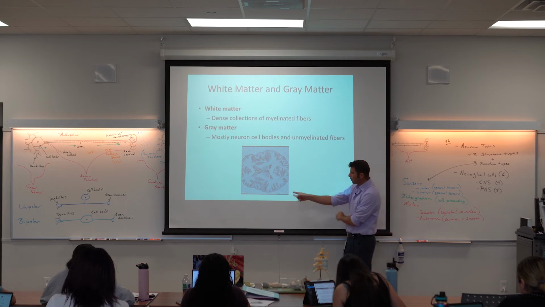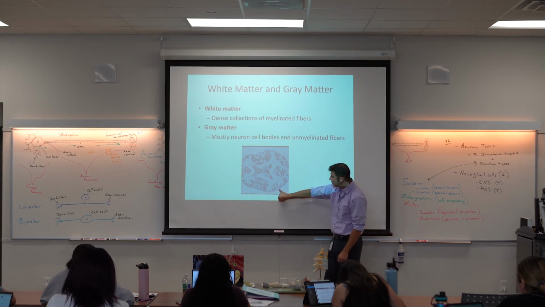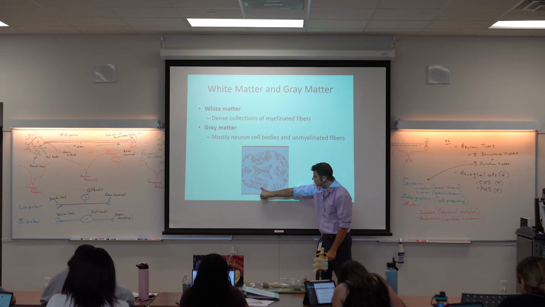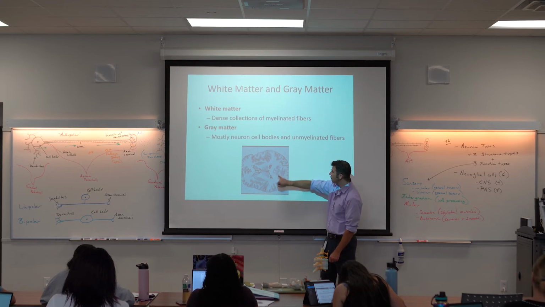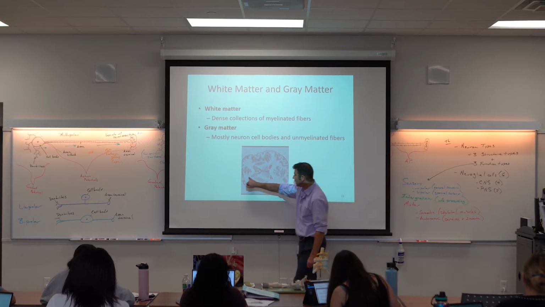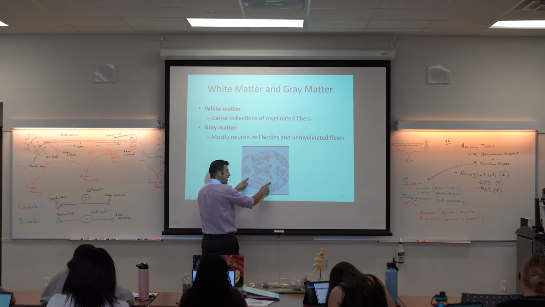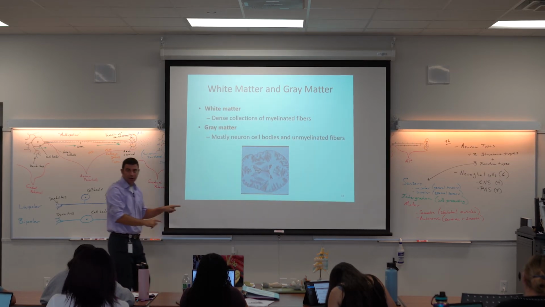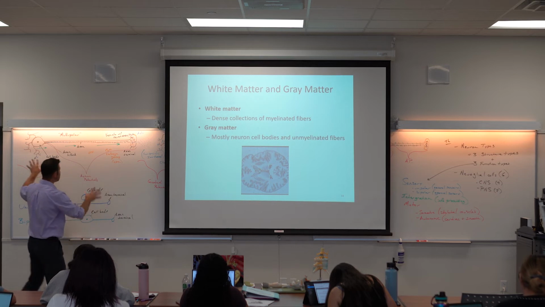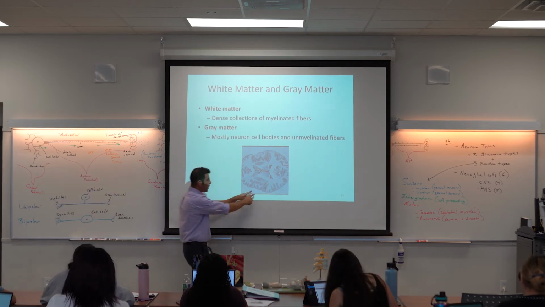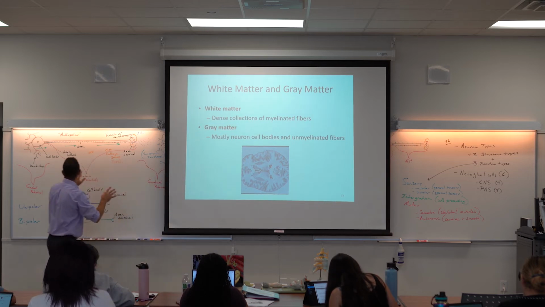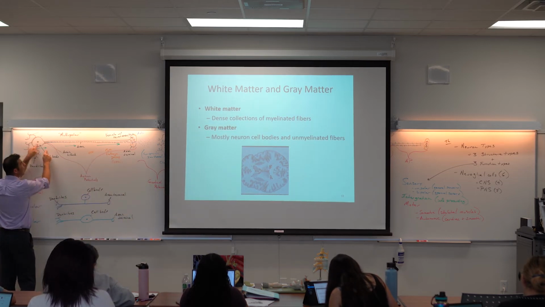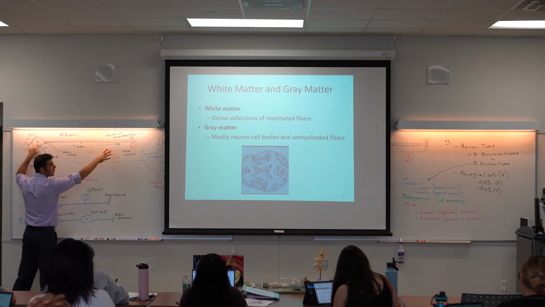When we're looking at the cross section through the brain this way, you can see how the very edge of the cortical tissue of the brain is a darker gray staining, as opposed to some of these areas of the brain that are a little bit lighter staining. Can everybody make out that distinction between what we call the white matter of the brain versus all of this gray matter? Now that we have all these neurons, any place where you see gray matter on the brain, it could either be dendrites, cell bodies, or unmyelinated axons.